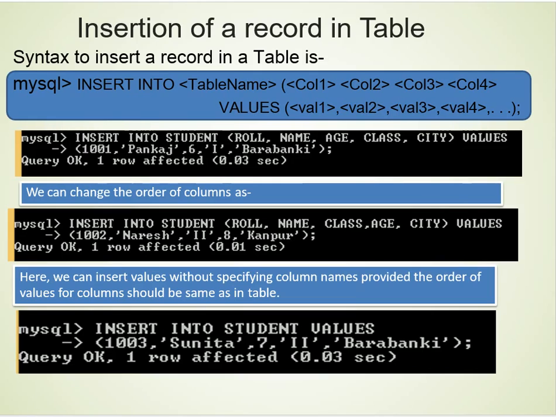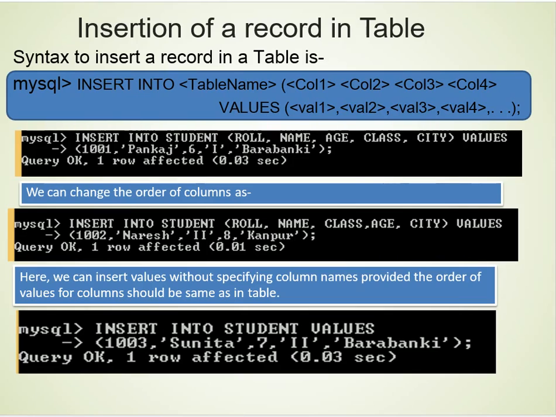See here one example: insert into table name student, and then the field names are roll number, name, age, class and city, then values keyword and corresponding values: roll number 1001, name Pankaj, class 6th, age 6, sorry, and class 1st, and the city Barabanki.